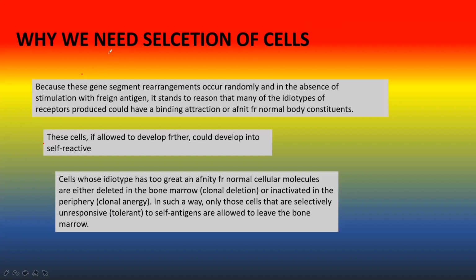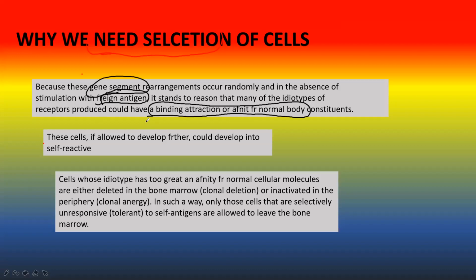Why we need selection? Because the cells need some gene arrangement, okay. There must be some foreign antigen that the cell can be active against, and they should have no binding or attraction for normal body cells, okay.